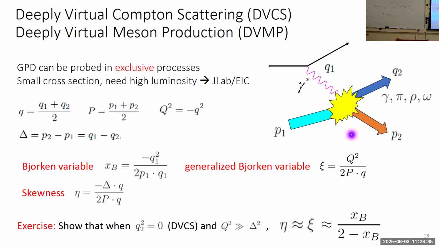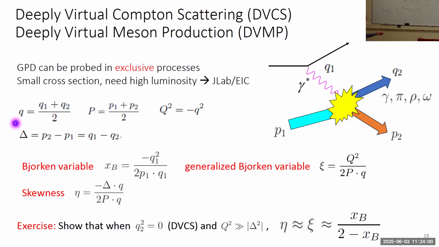And so here's some kinematics, which you can just look at. So this photon is virtual, but this final state particle can also be virtual or have some mass. In the case of a photon, it's massless, but in the case of a vector meson, the final state also has a virtuality. So I define Q1 and Q2, which has Q1 squared.